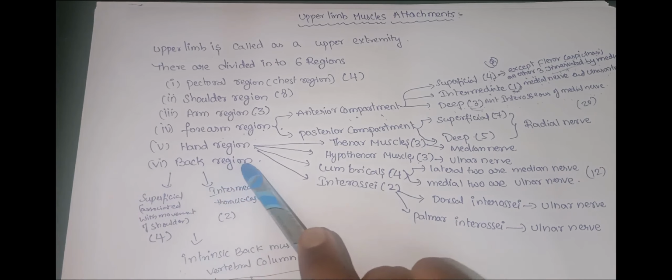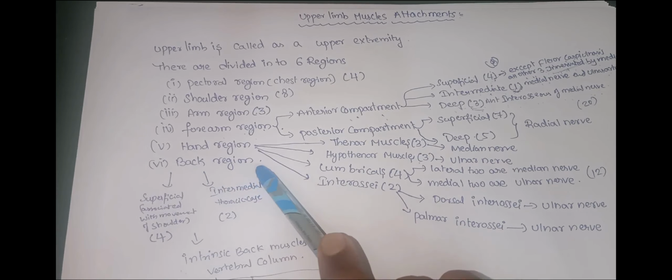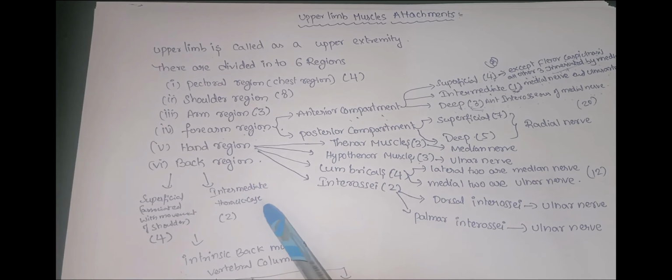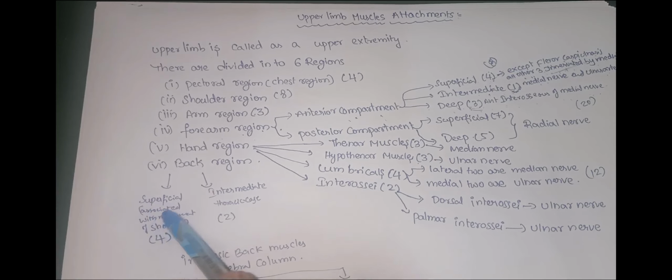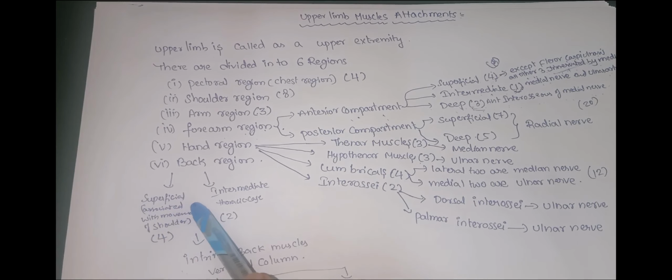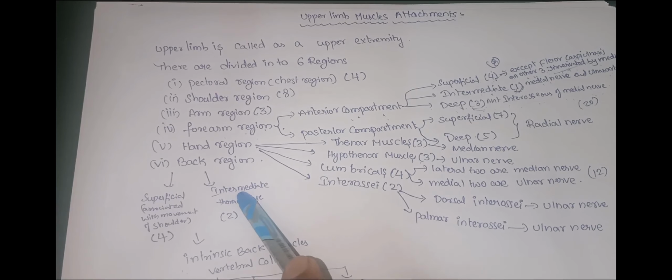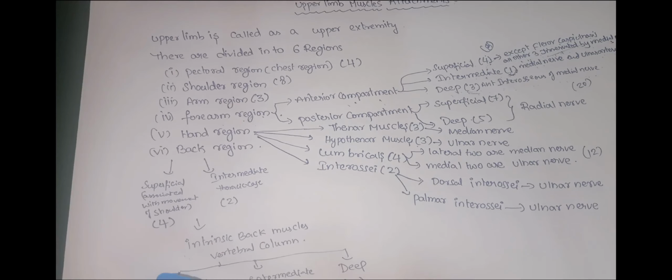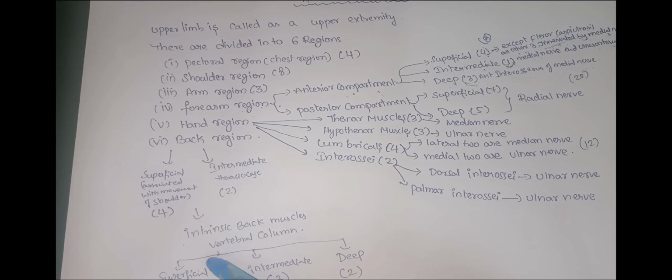So the next and last one is the back region. The human back is again subdivided into 3 groups. The first one is the superficial group, the second one is the intermediate group, and the third one is the intrinsic back muscles.